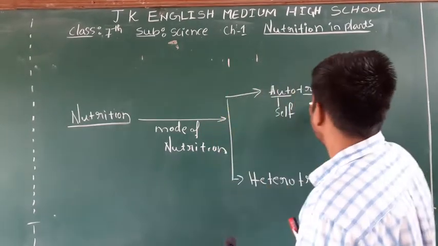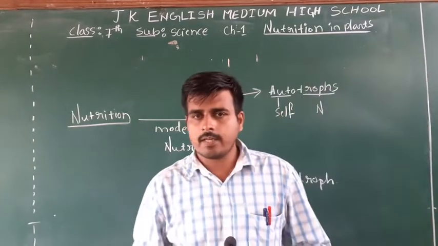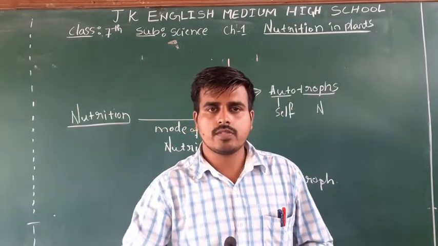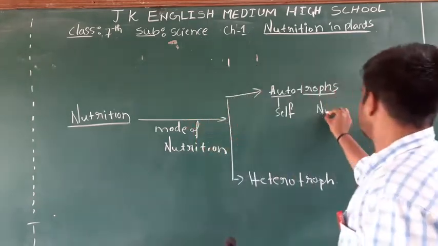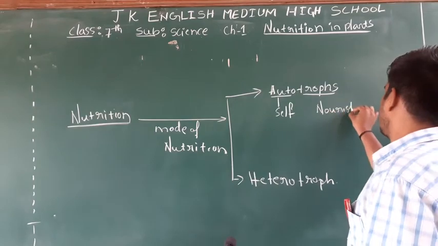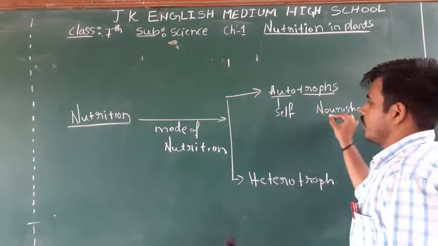Trophos is nothing but nourishment. If you get a gift, it nourishes you, it encourages you. Likewise, the actual meaning of trophos is nourishment. So autotroph means self nourishment.